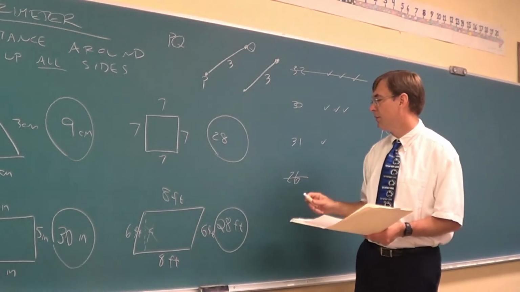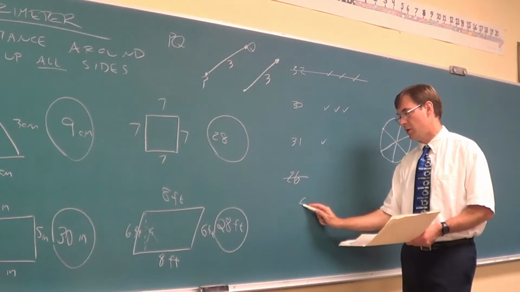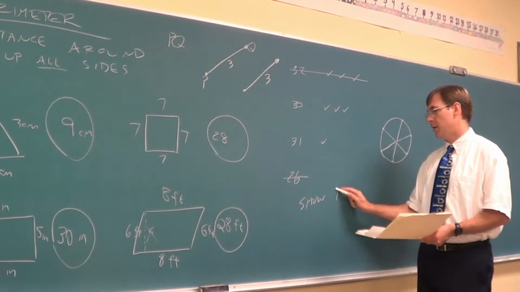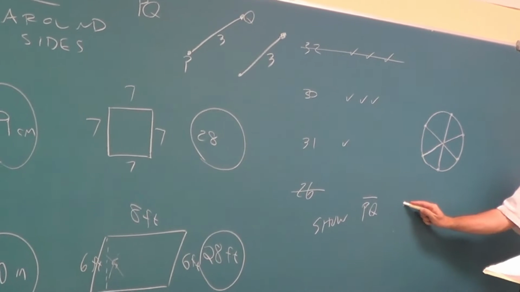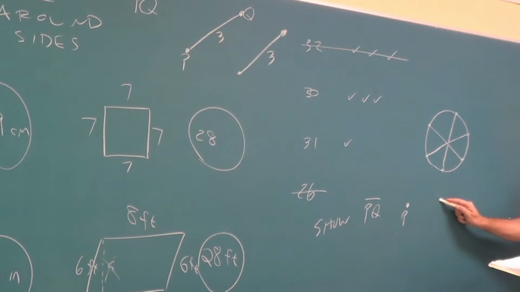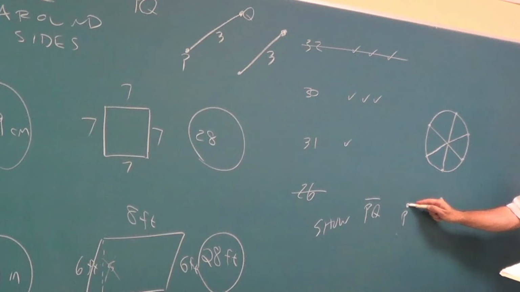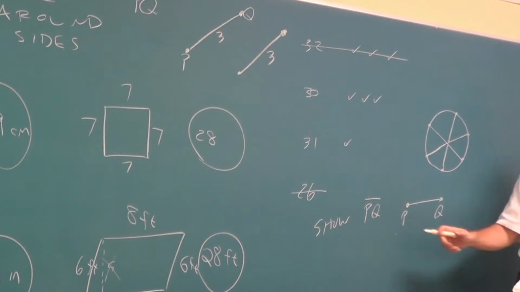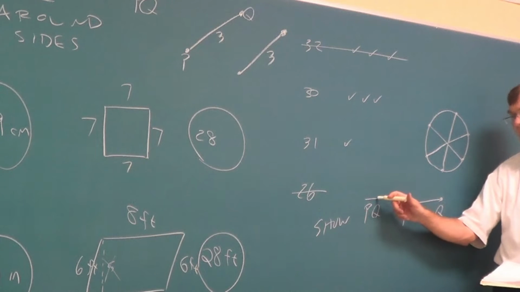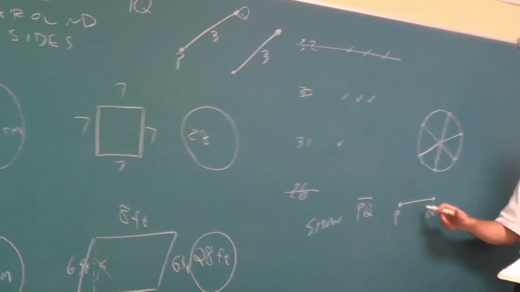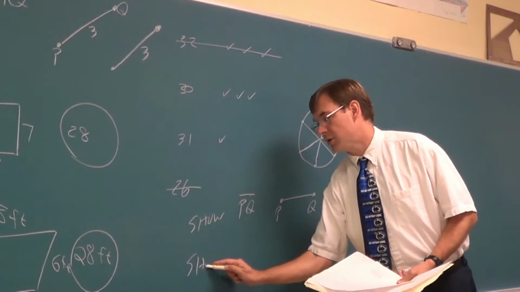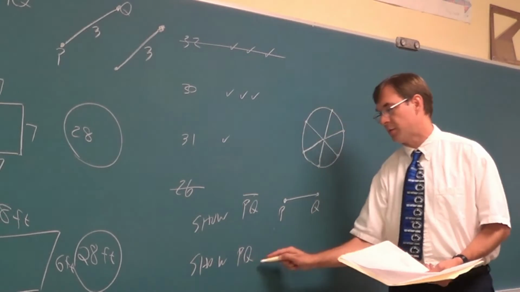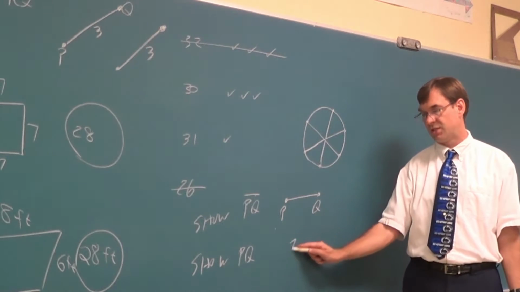So someday if I'd say to you, show me PQ, and put that little segment hat on it, I'd want you to draw a dot for P, a dot for Q, and connect the dots with a segment. If I'm talking about PQ with that little segment hat, which we've had other days, that's a picture you could draw. If I asked you to show me PQ, the distance from P to Q, you'd say like 7.